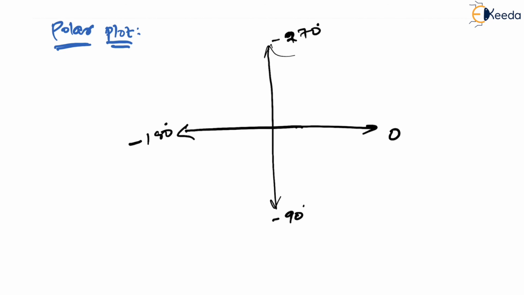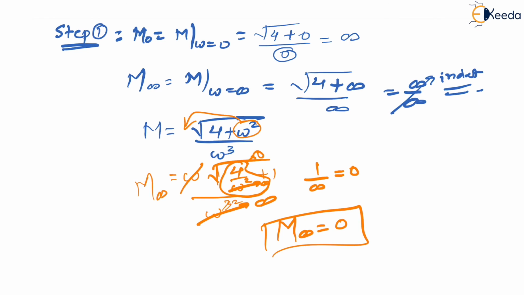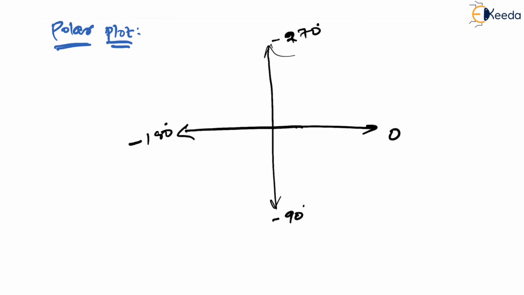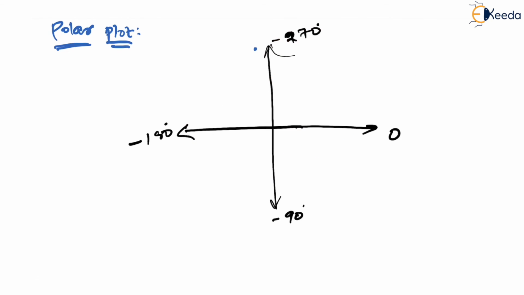Now let us draw the polar plot. At omega equal to 0, magnitude was infinity, and the phase was minus 270 degrees, so it has to be here. The starting direction is anti-clockwise, so it has to move in this direction only.